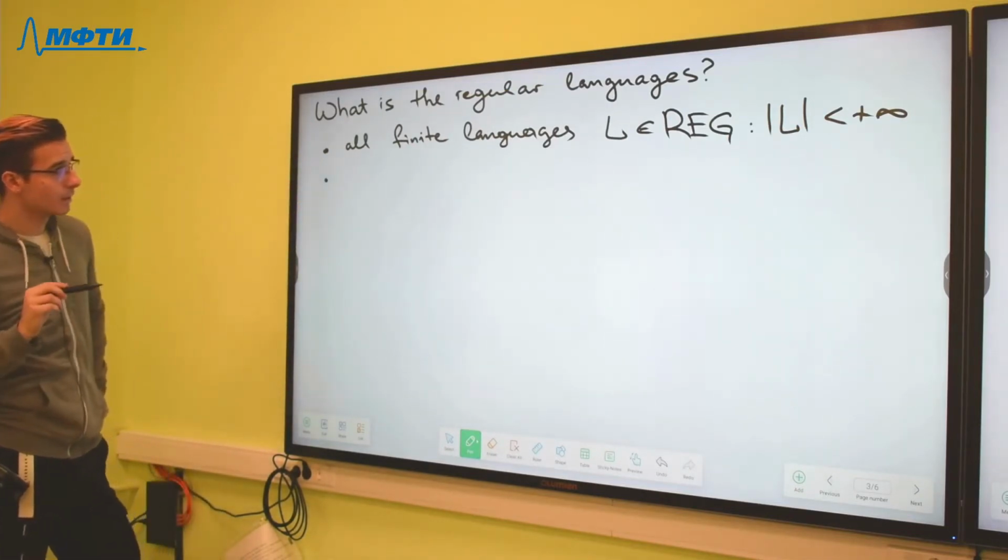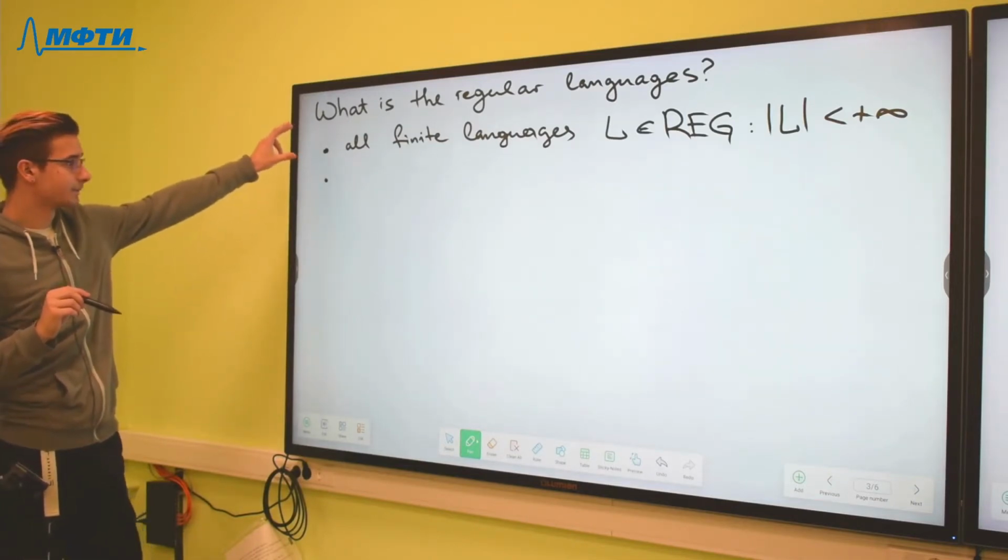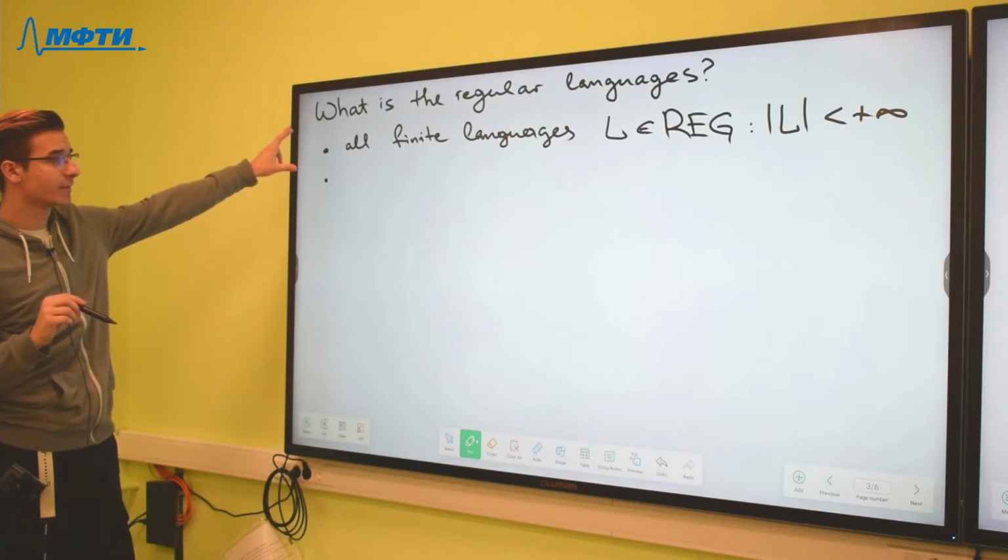So, it is the first part of the definition of regular languages.